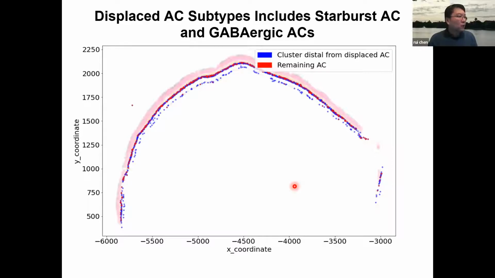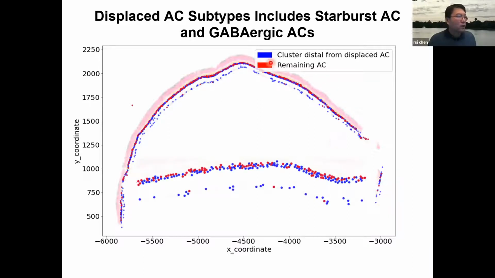Since we see that the number of cells is really rare, we're wondering whether that's just because of misassignment of the cell types or some background. And then what we start looking at is the remaining endocrine cell types and their distribution. So just a quick zoom in: the blue represents endocrine cells we detect that have a displacement pattern, and you can see there's a lot of blue dots in the RDC layer.